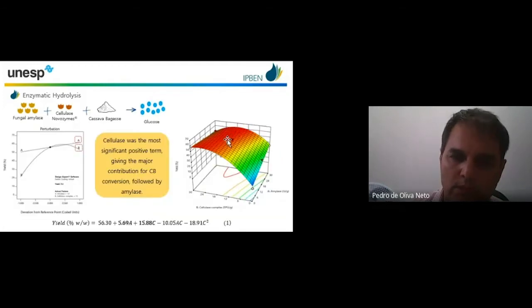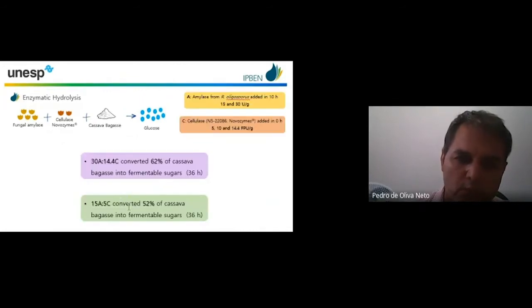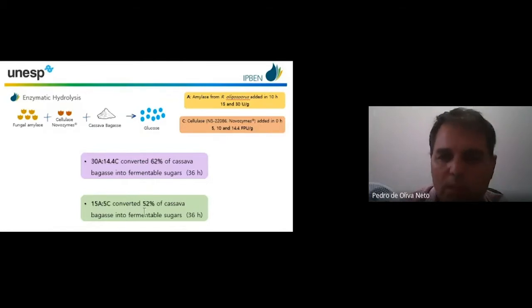We got optimization of this process with these equations, and with this formula or combination of 15 units of amylase and 5 FPU of cellulase, you can convert 52% of cassava bagasse into fermentable sugars in 36 hours.